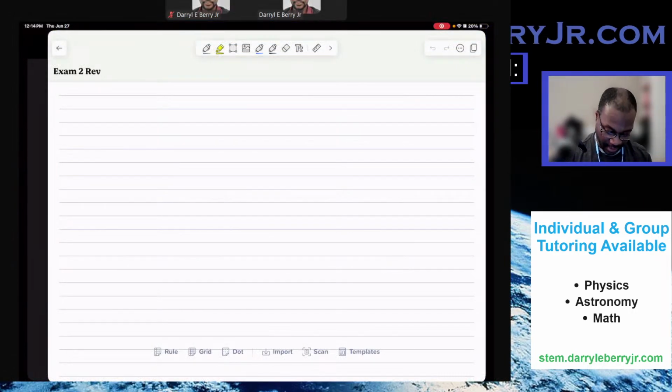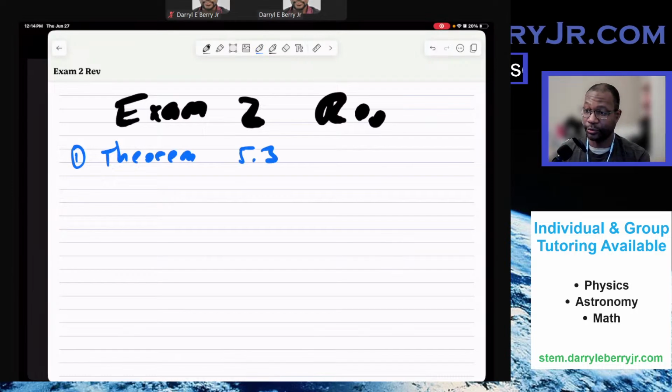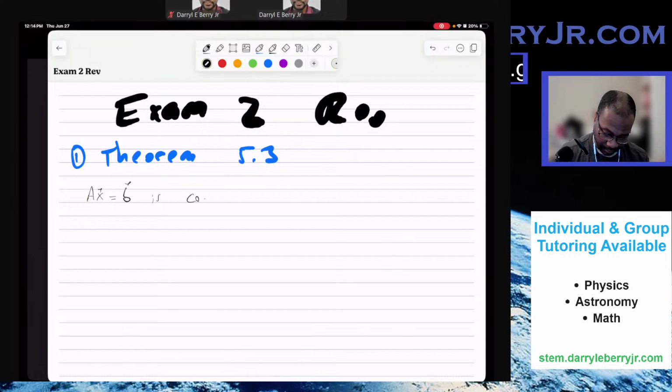So first thing, theorem 5.3. So assume AX equals B is consistent.